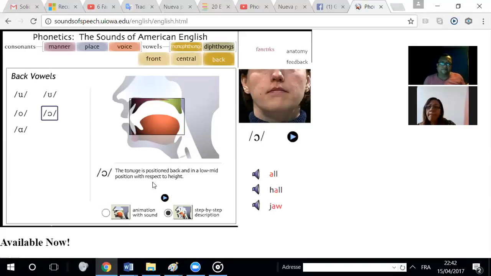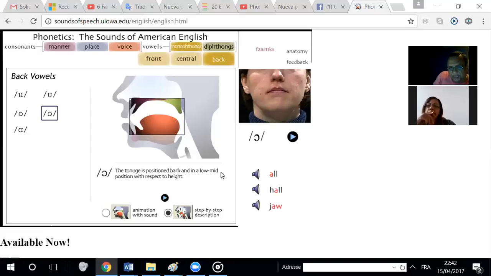Try to read again. The tongue is positioned back and in a low mid position with respect to height. Low mid. Oh my God, I confuse it sometimes, mid.